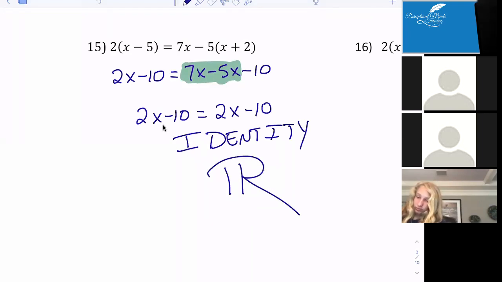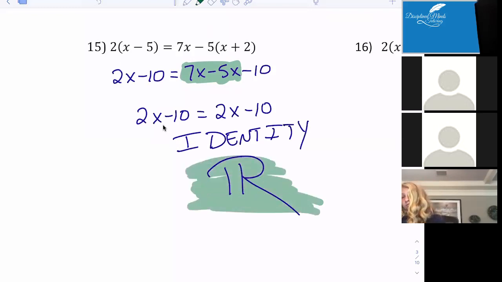Doesn't matter what you plug in, you're always going to get a correct equation. Do you have to write identity? I prefer this. I just say identity because I'm reviewing that, making sure you know that. But technically, the answer is all real numbers.